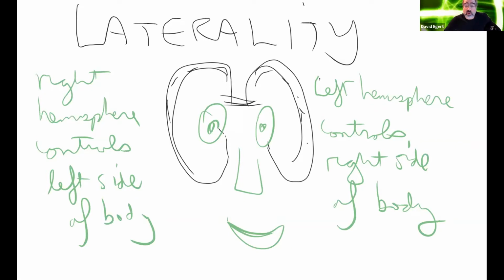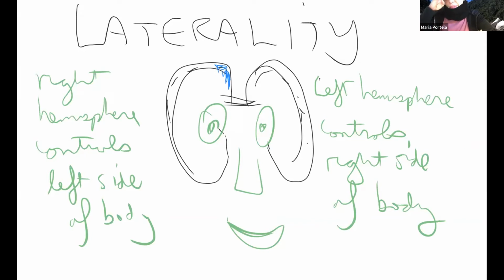This is important to remember because if you have a stroke that damages part of your brain, let's say you have a stroke that damages your precentral gyrus on the right side of your brain, what kind of deficits are you going to find? What kind of problems? Motor on the right side.